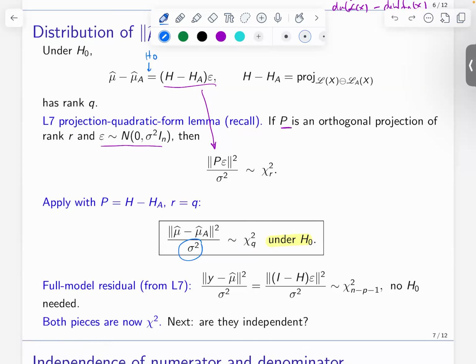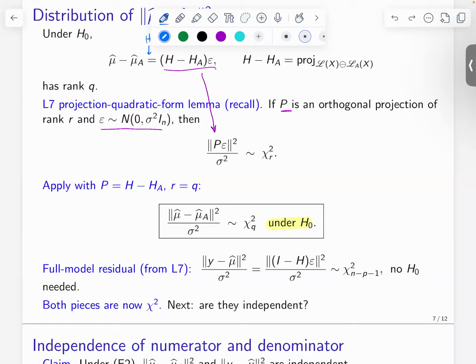But again, we're lucky in the sense that S squared is going to be independent of this quantity. So if you want to be a little more precise, from lecture 7 we saw that this is the residual for the full model, right? The norm of E squared divided by sigma squared is also chi squared n minus p minus 1.